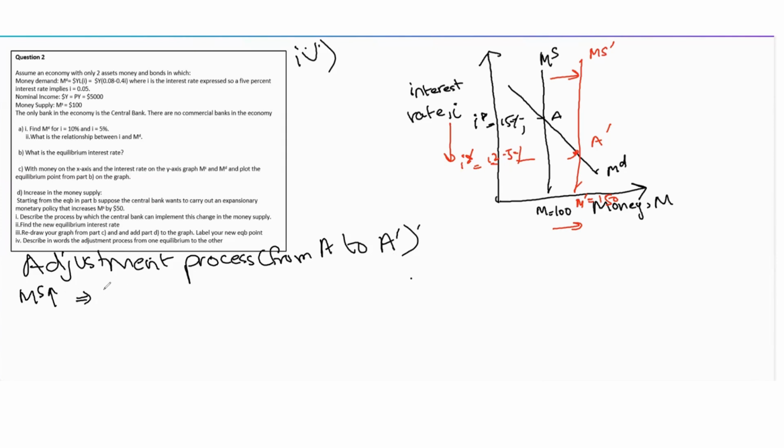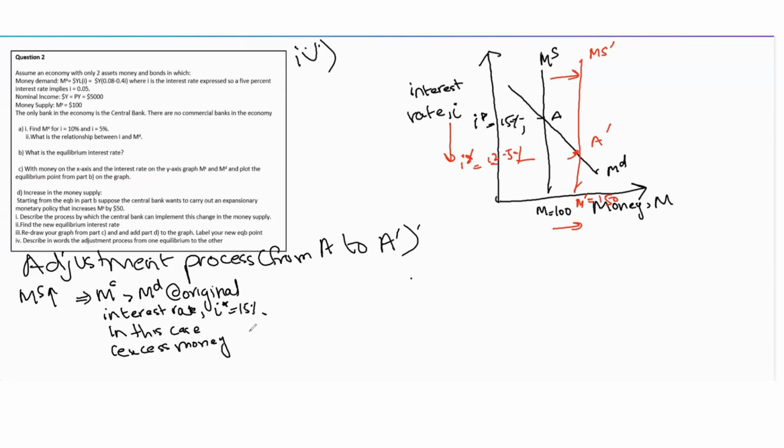Now as a result of this, MS is now greater than MD at the original interest rate, which is I star is equal to 15% in this case. So there's excess money supply. Graphically, initially you are at point A, where MS is equal to MD.